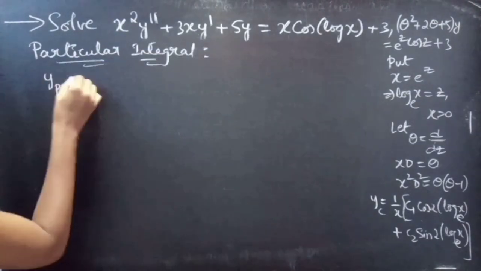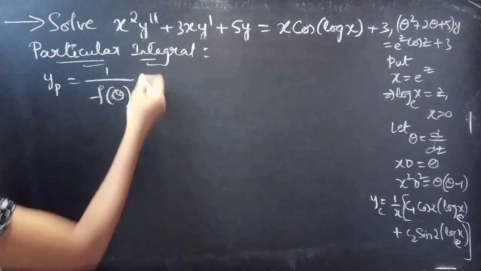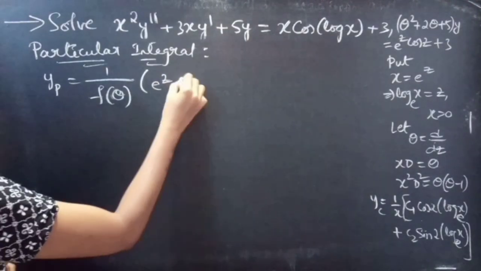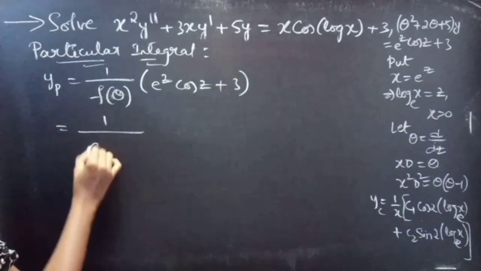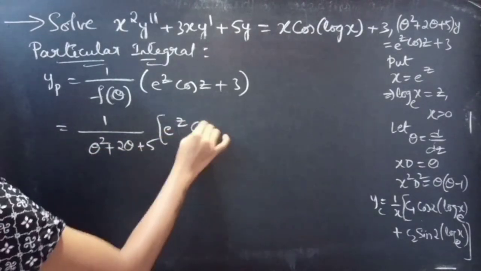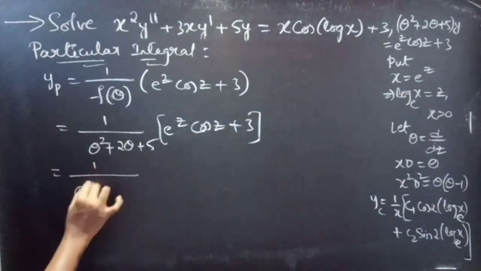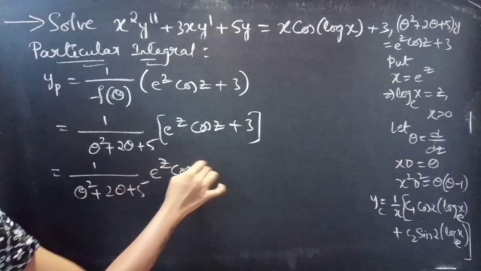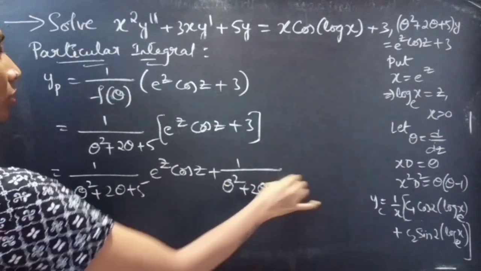Particular integral. We'll find the particular integral using 1 by f of theta into Q, or the RHS part. We have the RHS part e power z cos z plus 3, right? And also f of theta is theta square plus 2 theta plus 5. We can write this as 1 by f of theta into e power z cos z plus 1 by f of theta into 3.